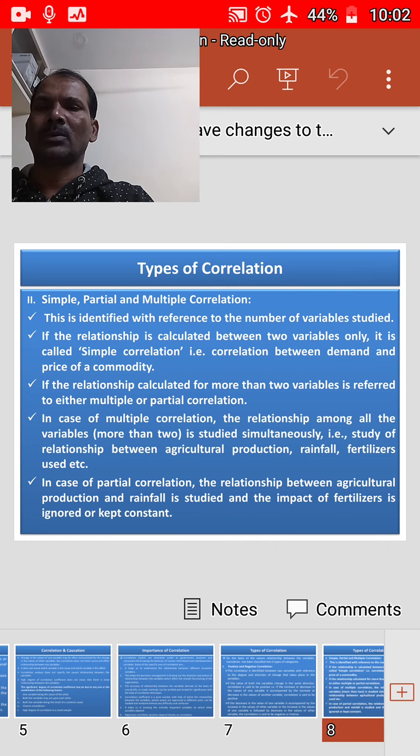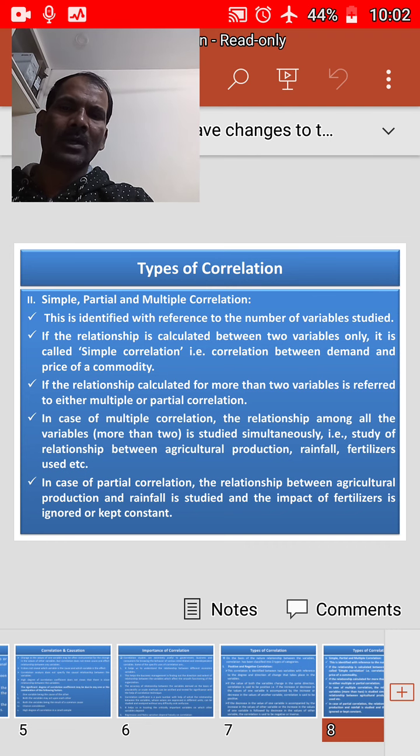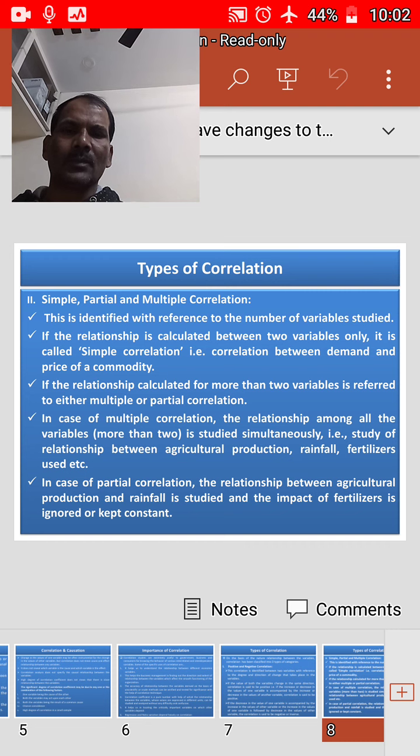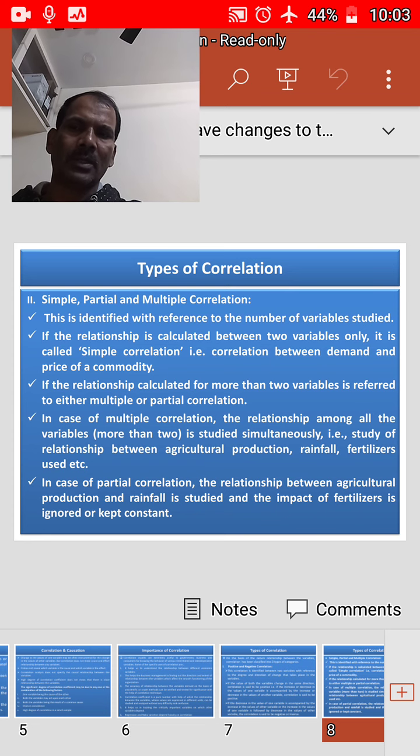We are unable to study the impact of all the factors simultaneously, so we ignore the impact of some variables. We consider only two in case of partial correlation, whereas in multiple and simple correlation, we study the impact of all the variables simultaneously.